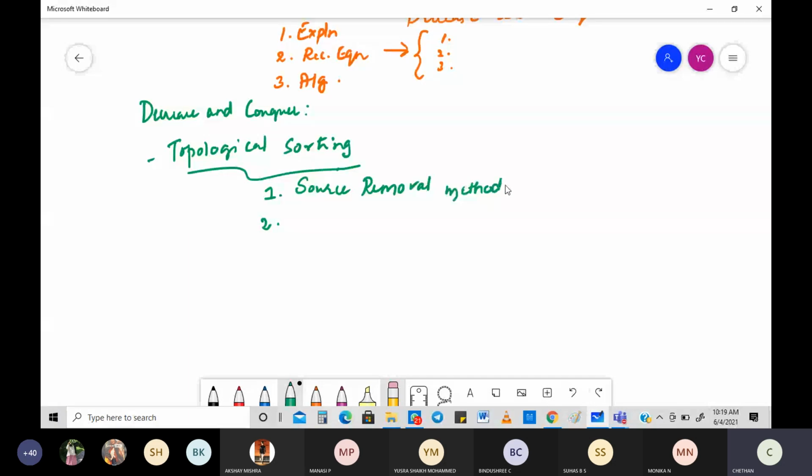The next one is called the depth first search method, the DFS method. There are two methods to be kept in mind. It comes under the strategy of decrease and conquer. The bad thing is that in decrease and conquer, there are various techniques, but for you, they have given only topological sorting in the syllabus. You can see in the syllabus, the last line clearly says decrease and conquer, topological sorting.